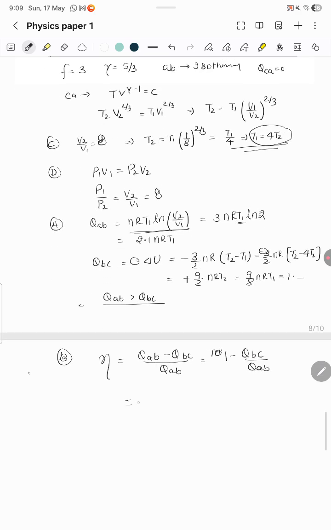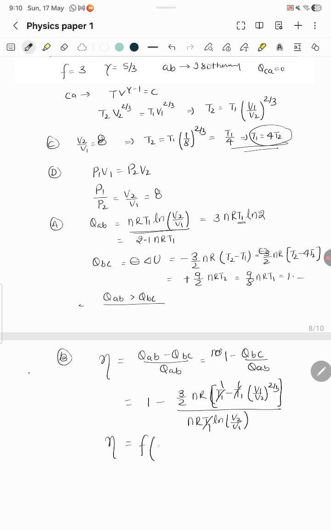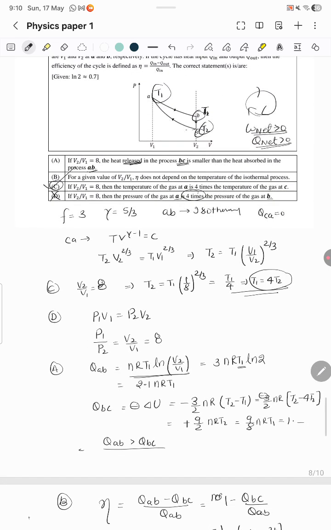So this will be 1 minus 3 by 2 nR times (T1 minus T2), which is T1 times (1 minus V1 by V2 to the power 2 by 3). And what is QAB? QAB is again nRT1 ln V2 by V1. So notice that T1 will cancel out now. So we can say this efficiency is a function of V2 by V1 only. It is independent of T1. So we can say that option B is also correct. So we got BC.